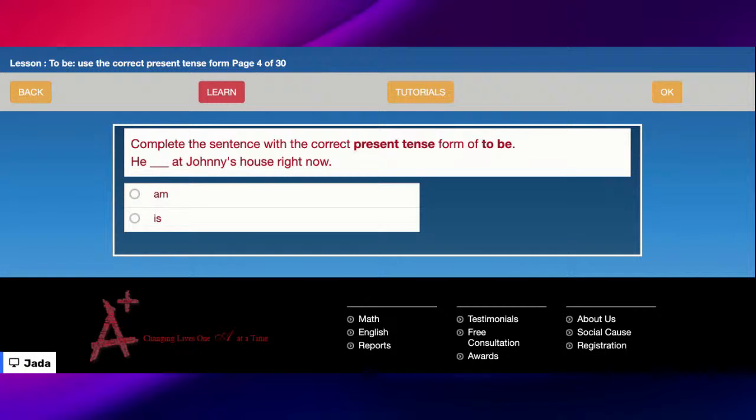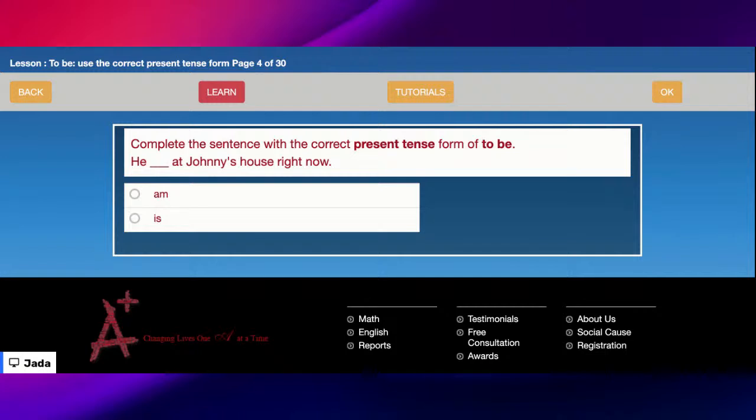He dash at Johnny's house right now. He are or he is?